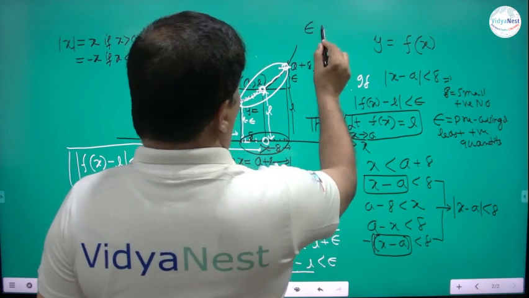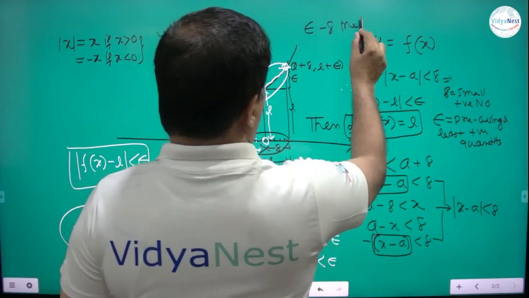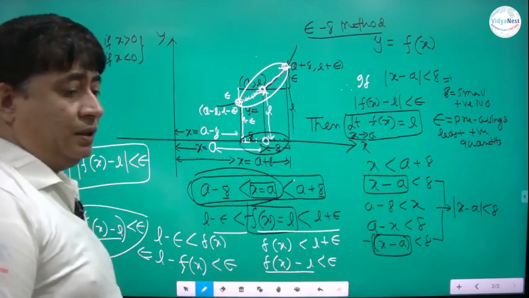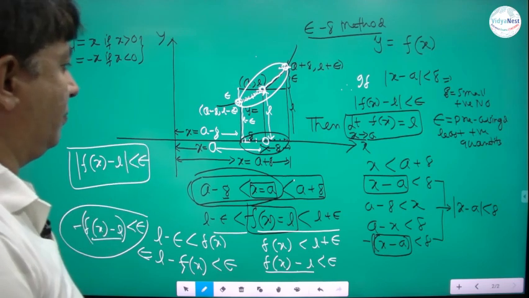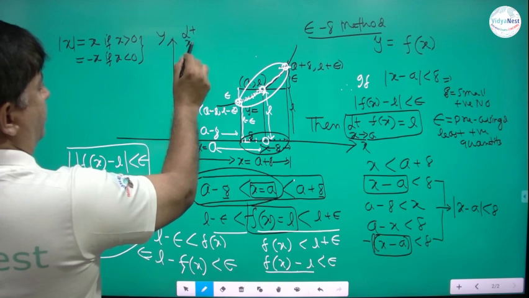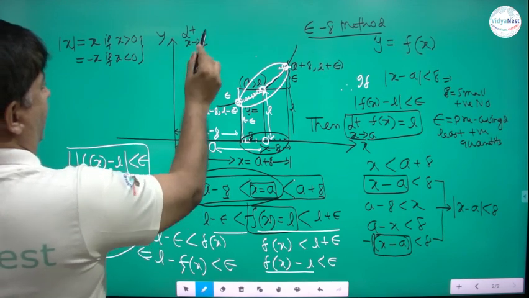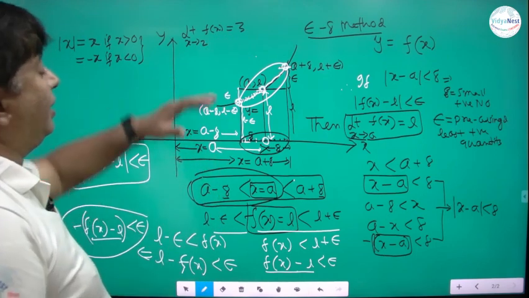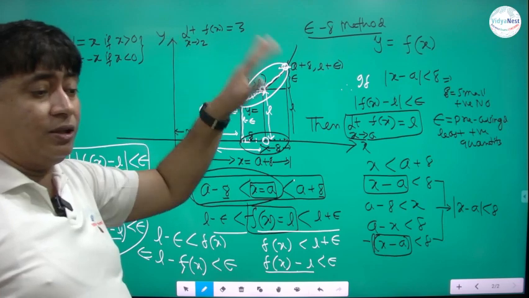It is called the epsilon delta method. Definition of the limit. Understand? Suppose you have x tends to 2, f(x) is equal to 3. Then if you are asked what was f(x), is f(x) exactly 3?